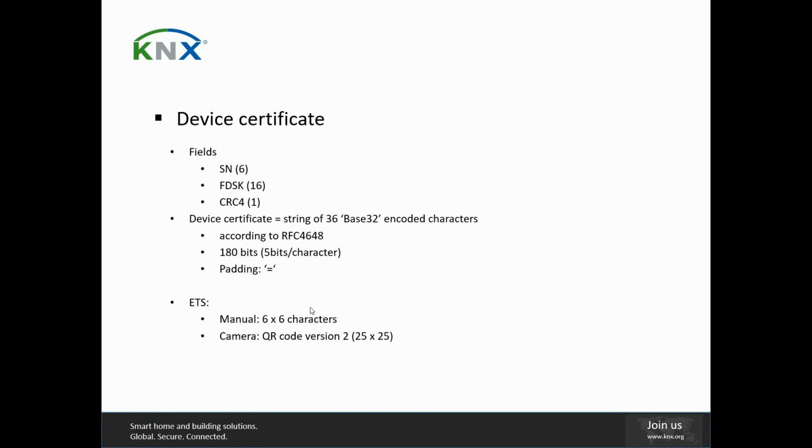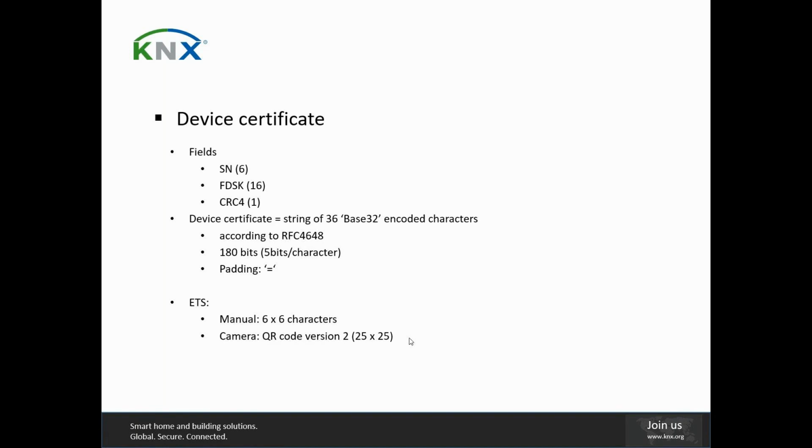Well, that's it actually. So you end up with either 6x6 characters that you have to enter in the ETS dialog that I have just shown you, or of course, you convert this string into a so-called QR code version 2, which is a 25 by 25 dimension.